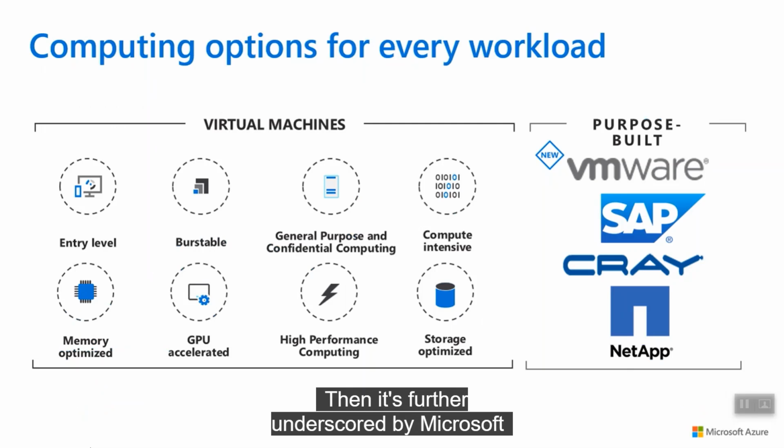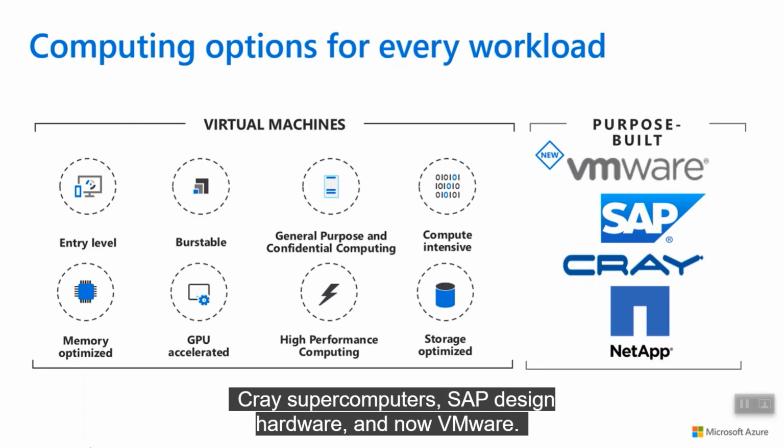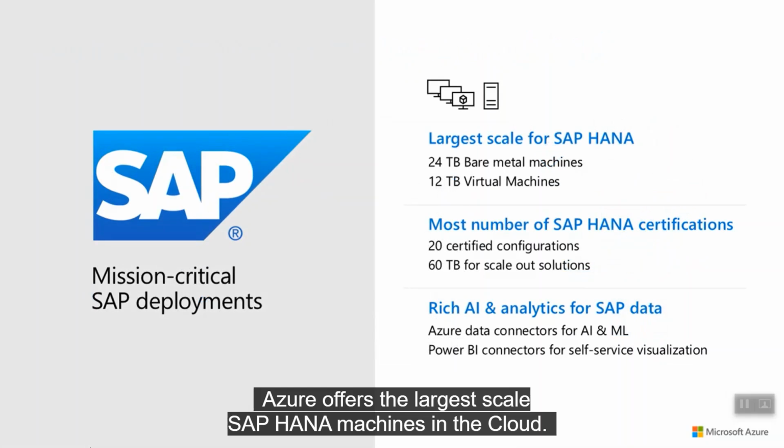And that is further underscored by Microsoft deploying bare metal, purpose-built hardware in the Azure data centers for specific workloads, including NetApp hardware, Cray supercomputers, SAP designed hardware, and now VMware. Azure offers the largest scale SAP HANA machines in the cloud.